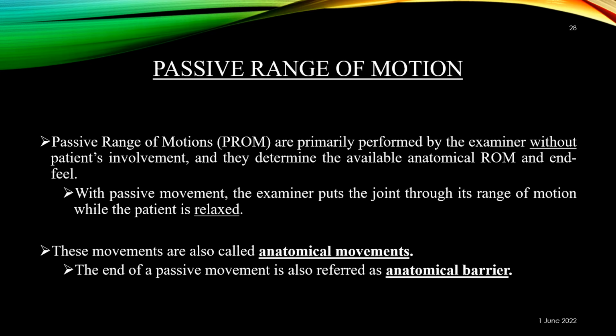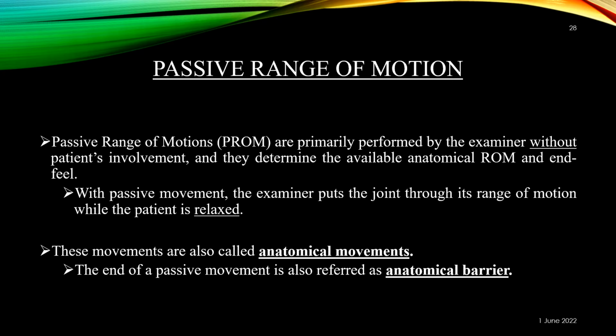So when it comes to passive range of motion, this is where you do the motions for the client, on the client, okay? So the client needs to be as relaxed as possible. So you're looking at a relaxed client, like supine, lying on the table, or sitting on a chair, so that you're basically taking the gravity out of the situation as much as possible.